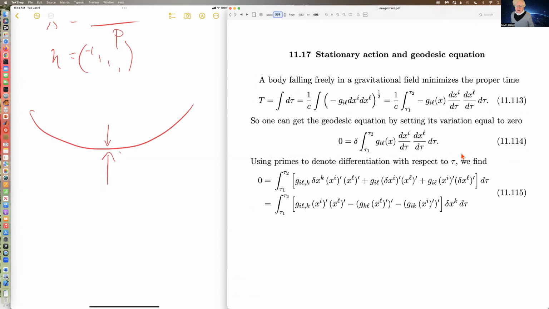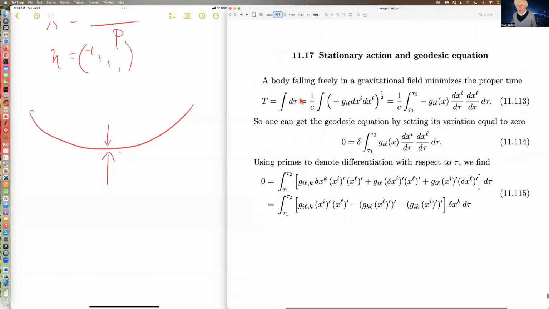I rewrote the geodesic section. I basically dropped the hard way to do it and instead did it the easy way. And obviously, if you can do something more simply, that's a better way to do it.